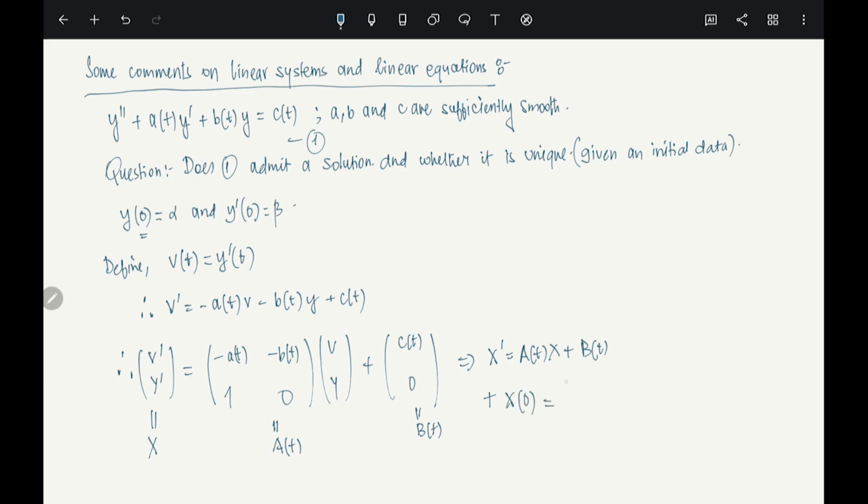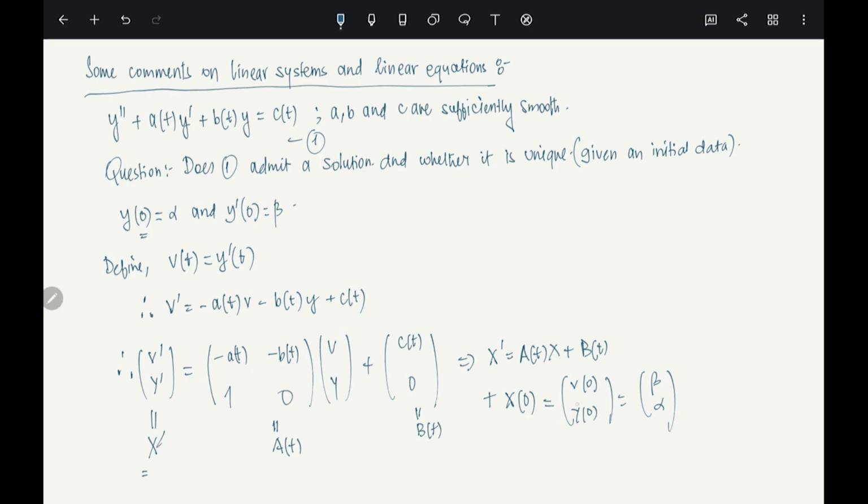It is beta and alpha. I hope this is clear. Sorry, this is x prime.